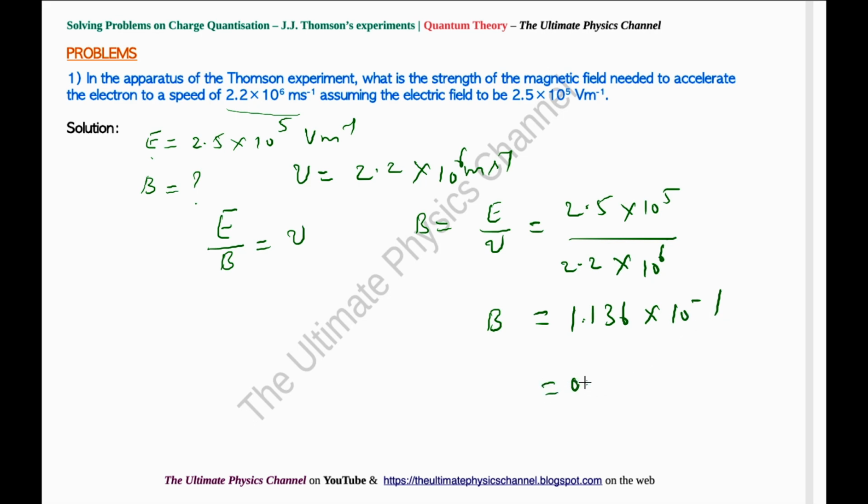This means it is 0.1136 Tesla magnetic field strength unit, which can be written as 0.114 Tesla or 114 milli Tesla. That is the solution to this problem, right? Let's move on to the next problem.